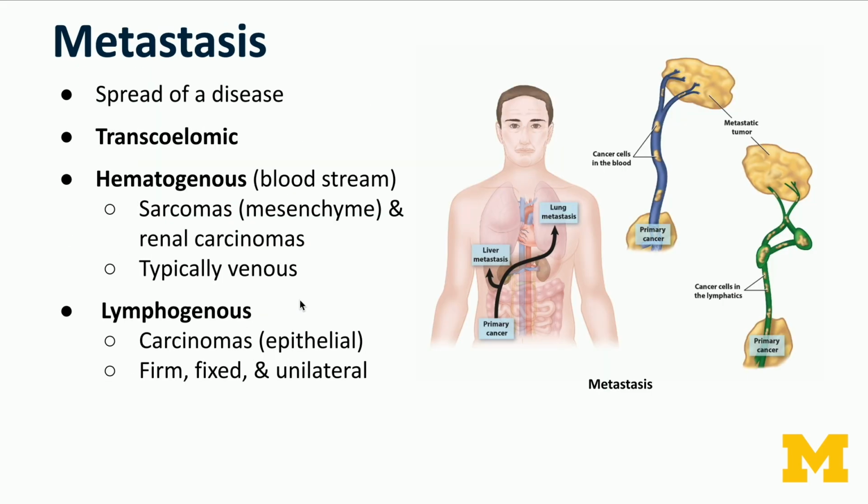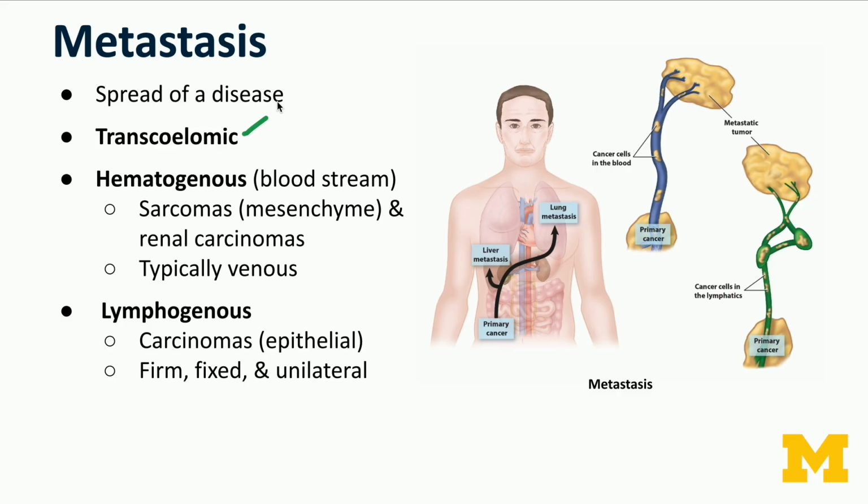Metastasis is the spread of a disease. Oftentimes we refer to metastasis in the context of cancers, and there are various ways in which a disease, or more specifically a cancer, can travel or spread through the body. The big three are transcelomic, which is actually a rather minor pathway.